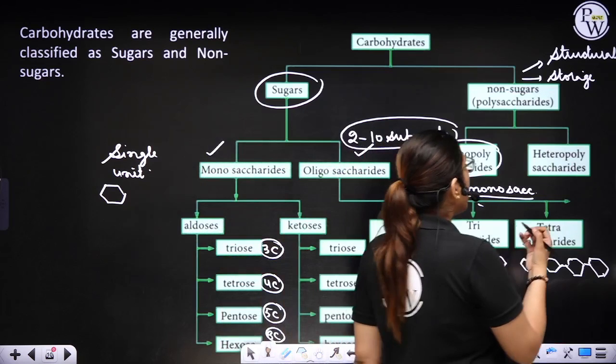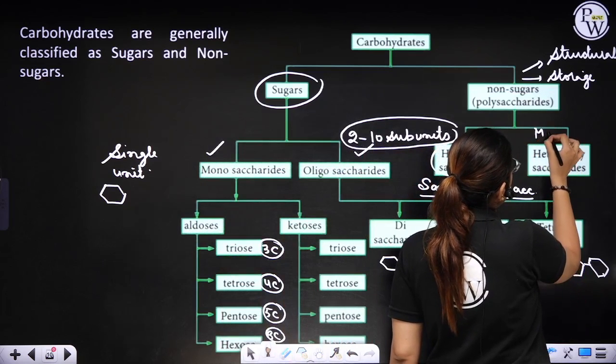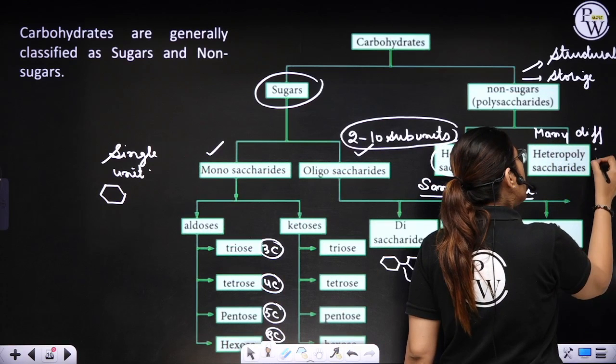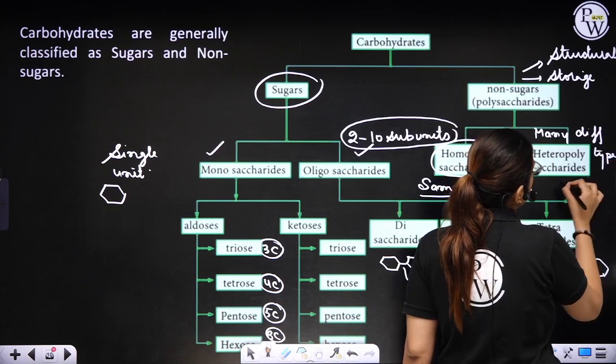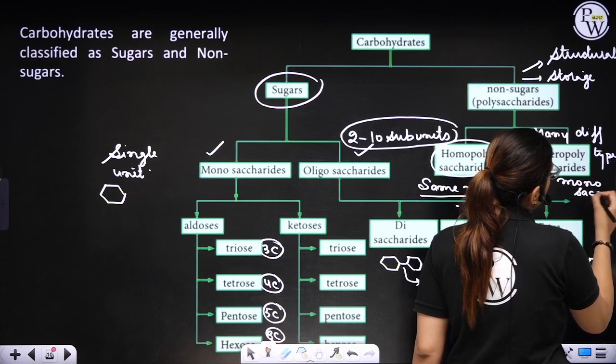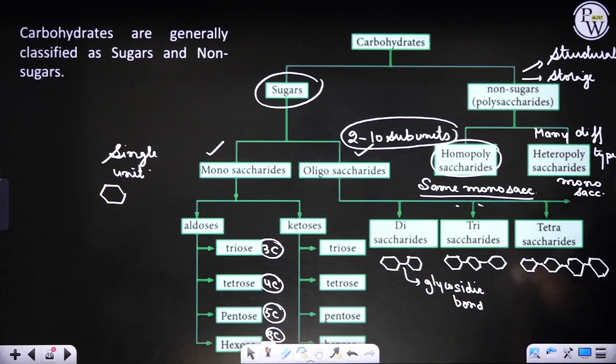Whereas when we talk about the heteropolysaccharides, that means many different types of monosaccharide units are joined together. Hetero means different. Clear?